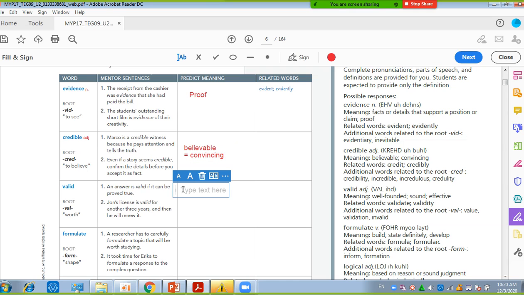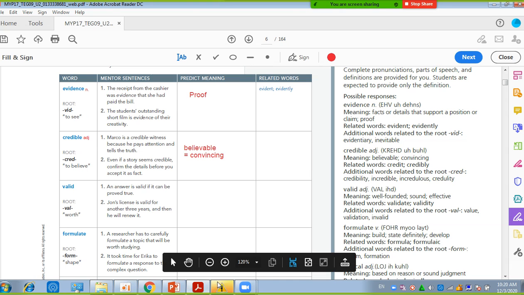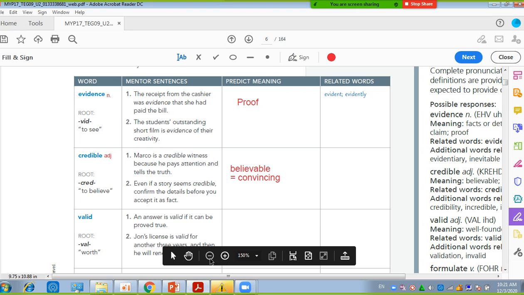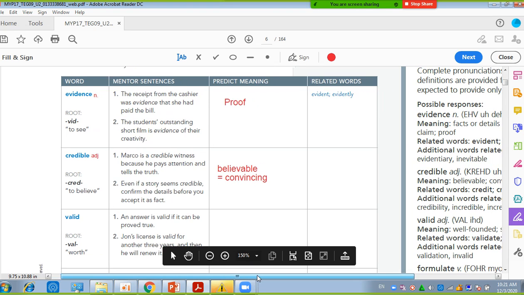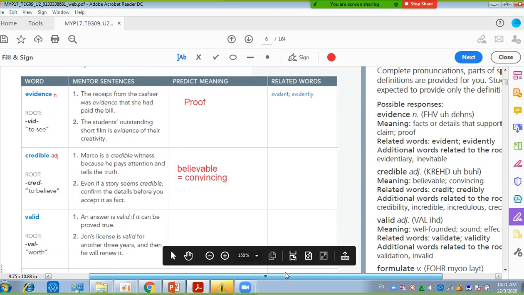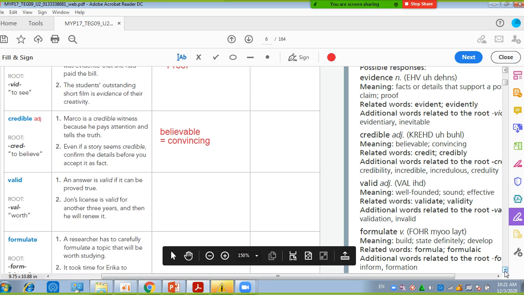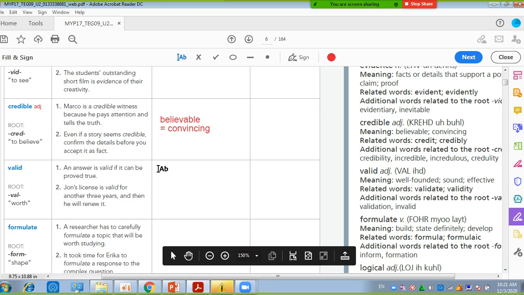Let's go to the next word, valid. Valid, the example. An answer is valid if it can be proved true.